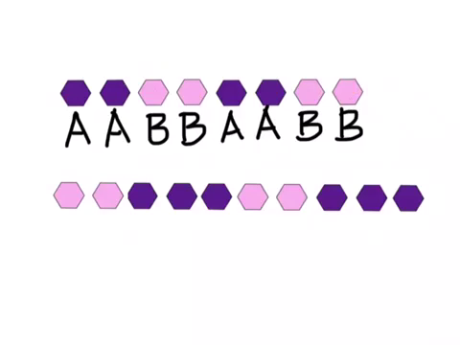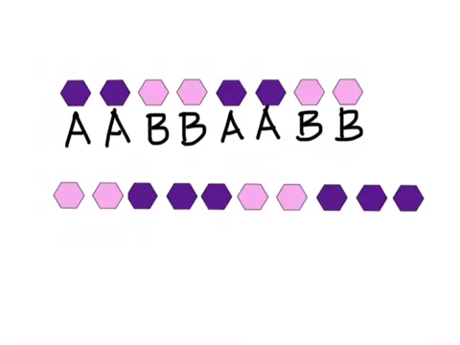That's another way you could describe it. Or you could say dark purple, dark purple, light purple, light purple, dark purple, dark purple, light purple, light purple. So that's our first pattern. It's an AABB pattern. Let's describe the second pattern.